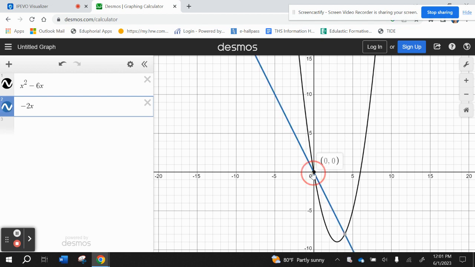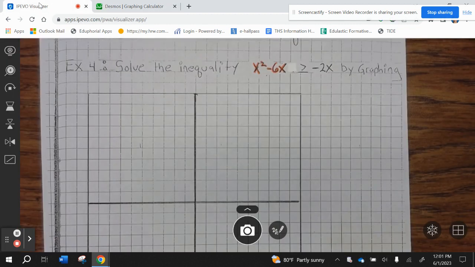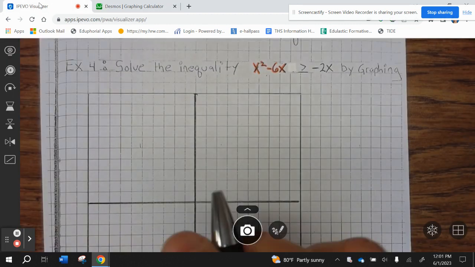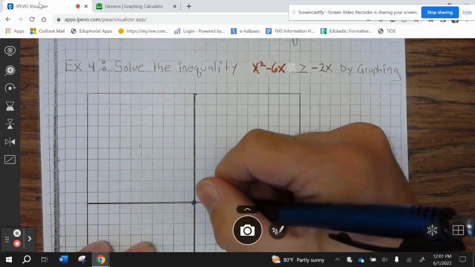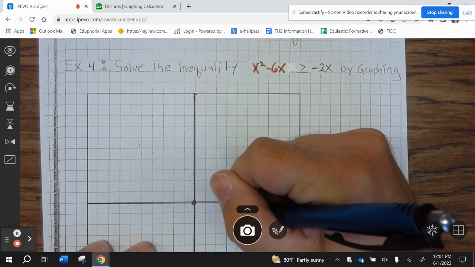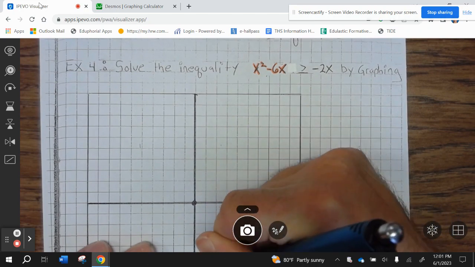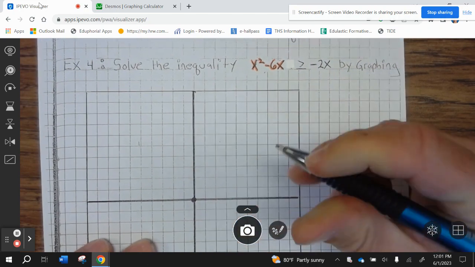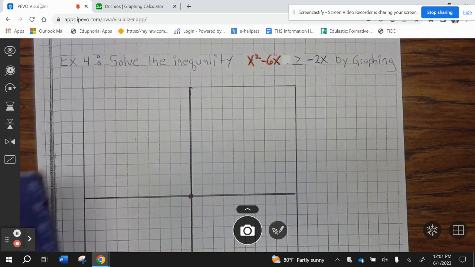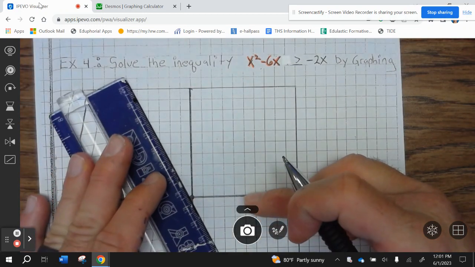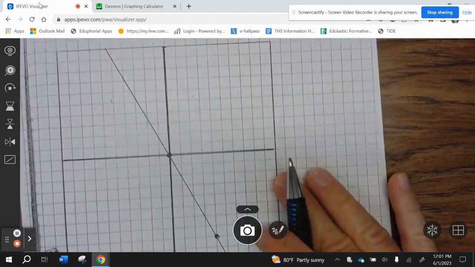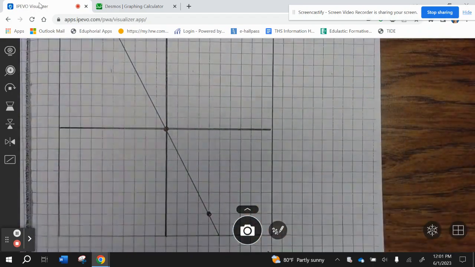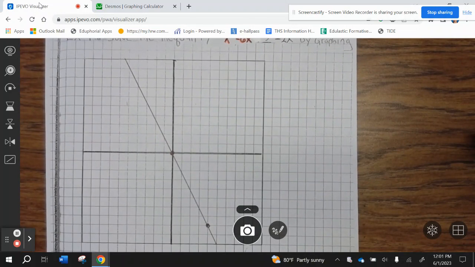So let's go ahead and draw this line first at 0, 0, 4, negative 8. Okay, zoom out as much as I can here.